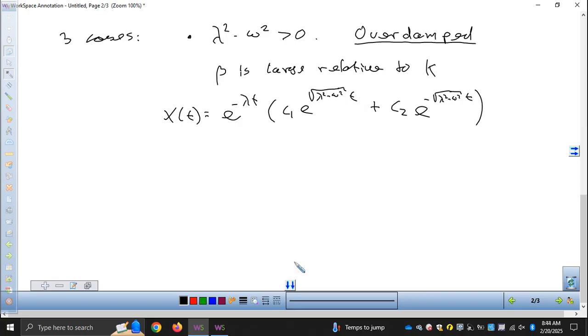And basically we have some kind of decaying exponential. If we make a graph, a typical graph of an overdamped system, if that's x and that's t, it might just look like this, or it could do something like this. For an overdamped system, we really don't get much oscillation.